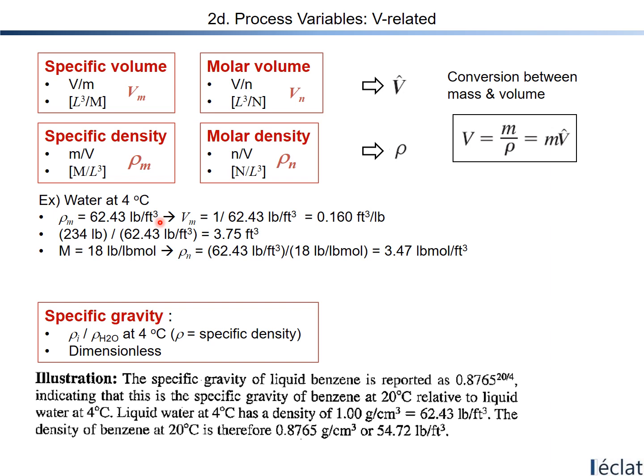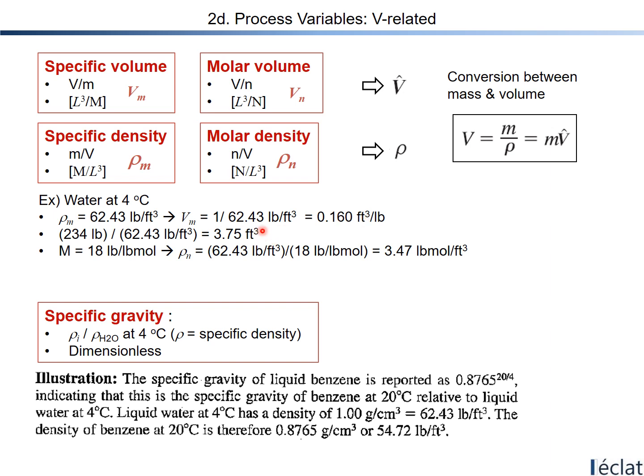And then from this value you could calculate the specific volume. 1 over 62.43 pound cubic feet is going to this value, and also the unit should be inversed, right? So practically you calculate the values, but you should calculate the units.